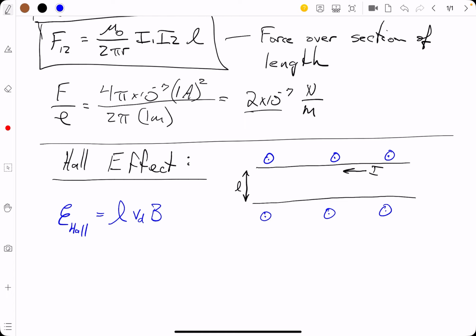So, right. This is the external B field, not the one created by the current flowing. It's an external one. We've got current flowing down this strip no matter what, okay? And we've put it inside an external B field, all right? So the current has a drift velocity.